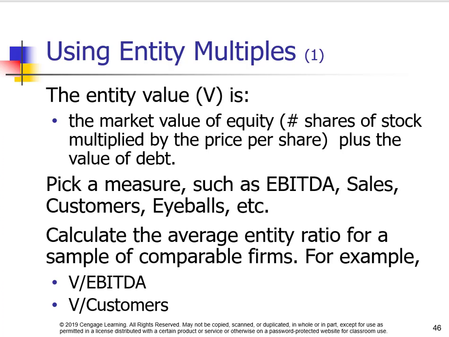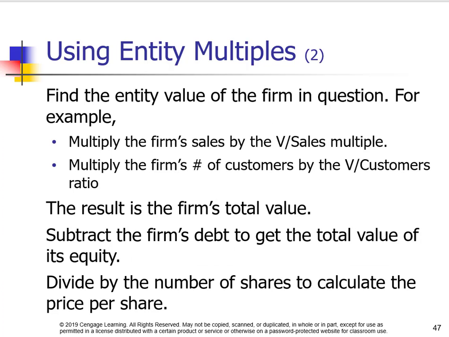Again, now what we have to do is forecast customers to ultimately calculate the value of the company. So you multiply the firm's sales by the value divided by sales multiplier, or multiply the firm's customers by the value divided by customers ratio, and ultimately the result is the firm's total value, right?